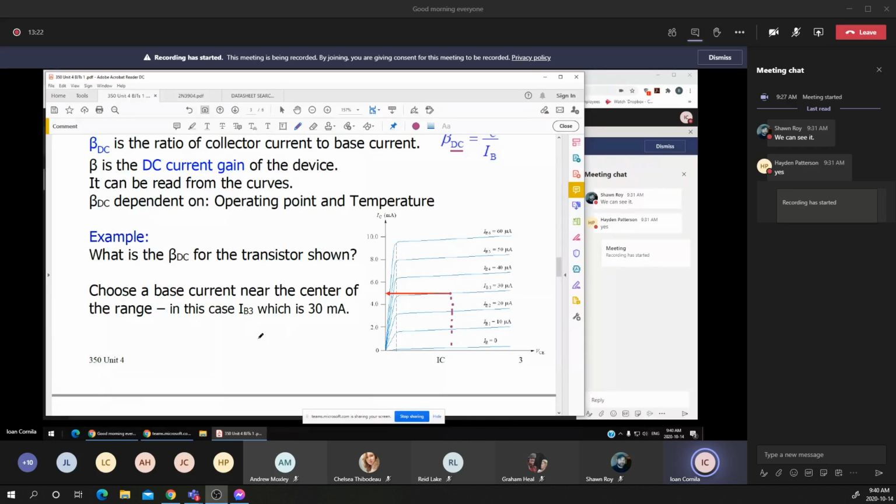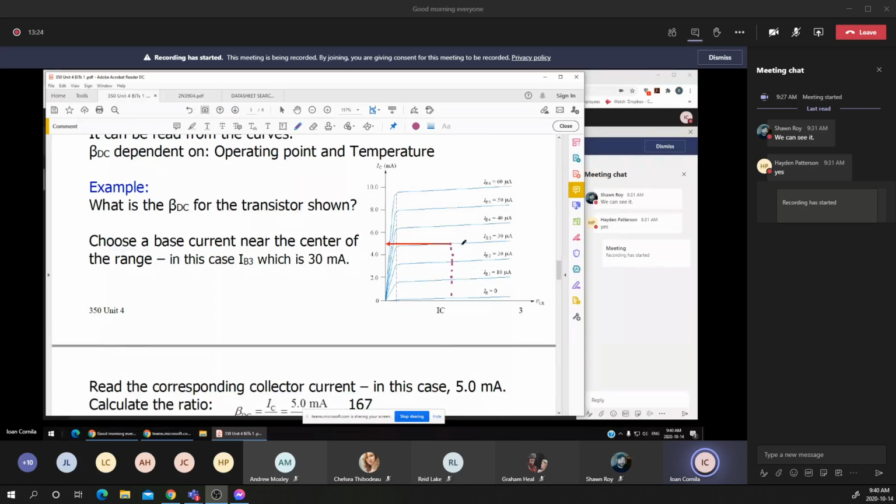saturation region. Now, you notice that, in the example that I have, suppose I have this family of characteristics for a transistor.